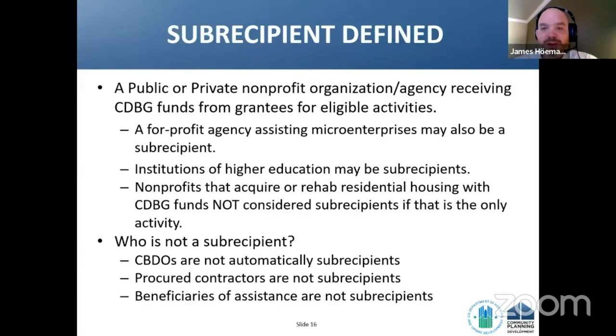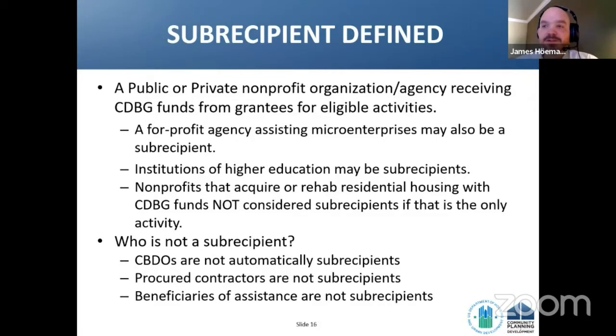All right, so how do we actually define what a subrecipient is? That public or private nonprofit organization will be the ones receiving funding from the jurisdiction itself. In this case, a subrecipient is a term of art that exists within the entitlement program.